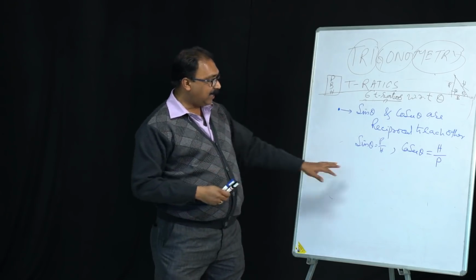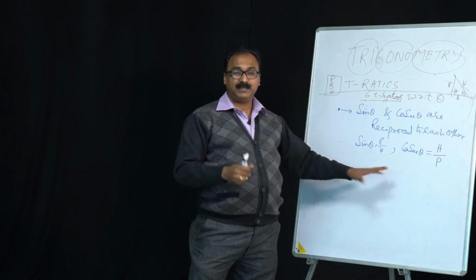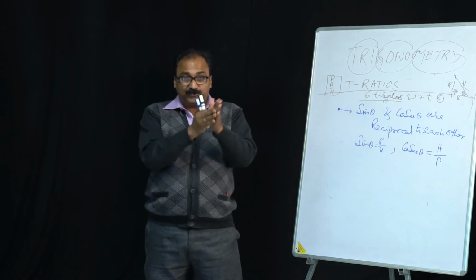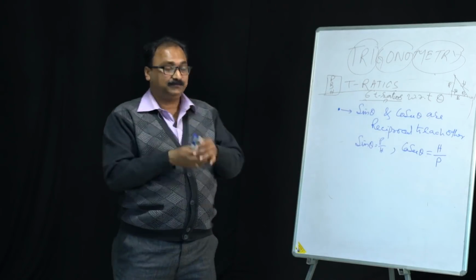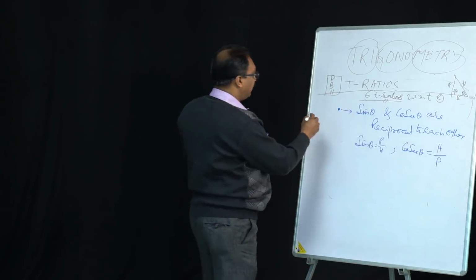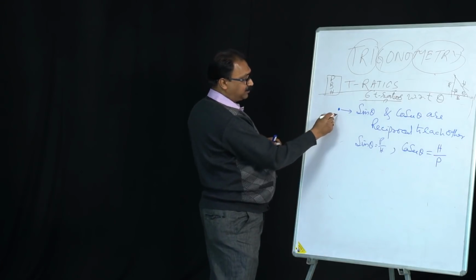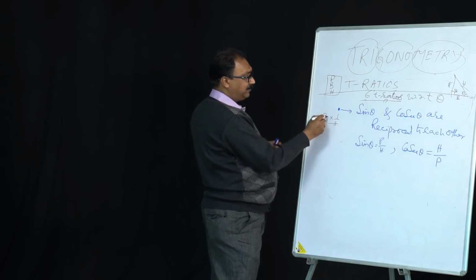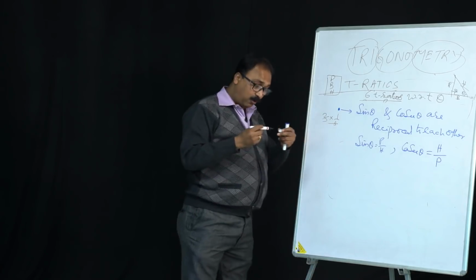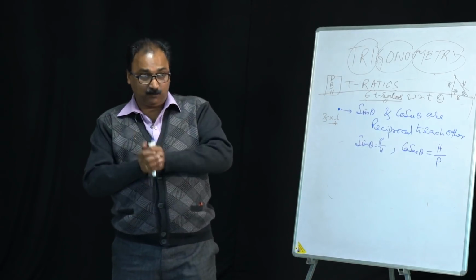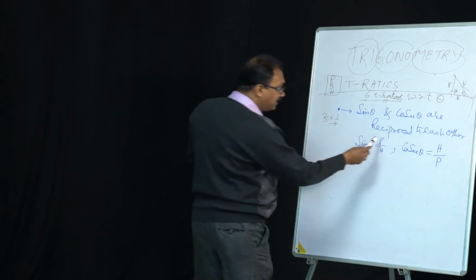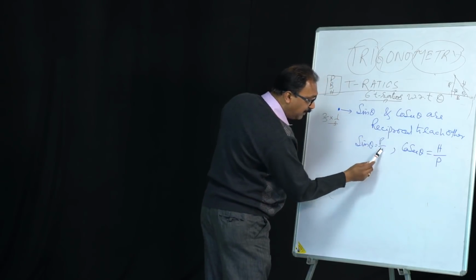Clear? In another way also you can remember this. Like I have given the example, 3 reciprocal 1 by 3. If I multiply 3 and 1 by 3, what will happen? It becomes 1. So all the reciprocals, those which are reciprocal to each other, if I multiply them, we will get 1. Like here, if I multiply these two, P, P cancel, H, H cancel.